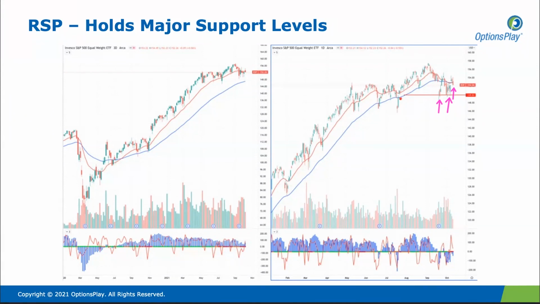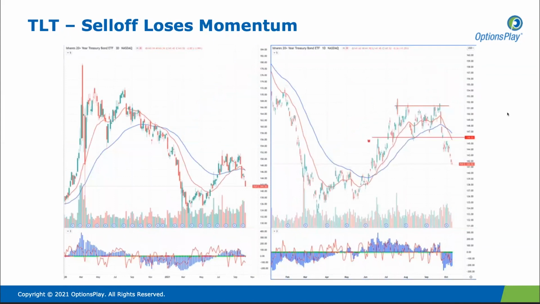But the rest of the market, when we look at RSP, where every single one of the S&P 500 names has an equal weight, it's not selling off. It's not anywhere near previous lows. It's not far off from previous highs either. So the RSP is starting to show us that the sell-off here is losing some momentum.